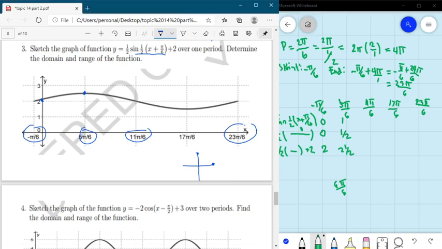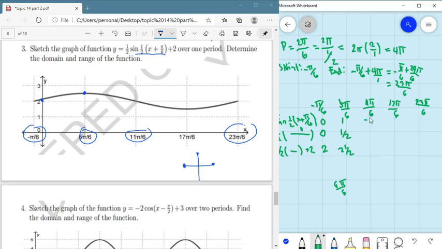What about for 11 pi over 6? 11 pi over 6 plus pi over 6 would be 12 pi over 6. 12 pi divided by 6 would be 2 pi, times 1/2, it is equal to pi. Sine of pi here is negative 1.